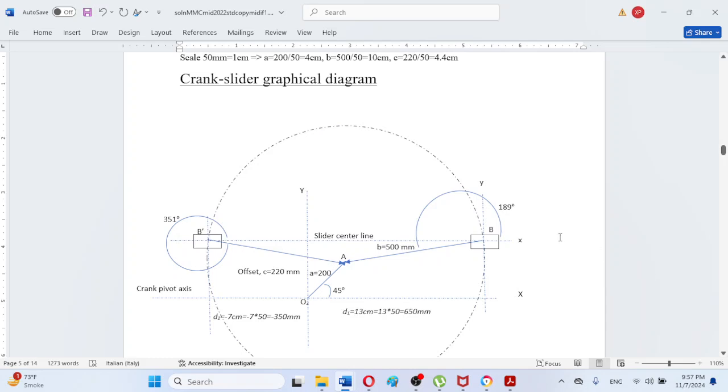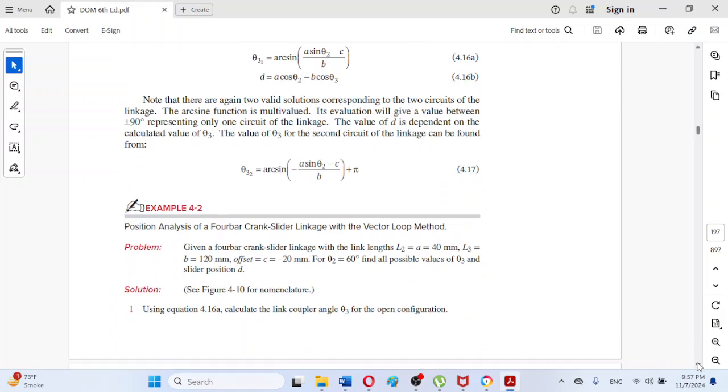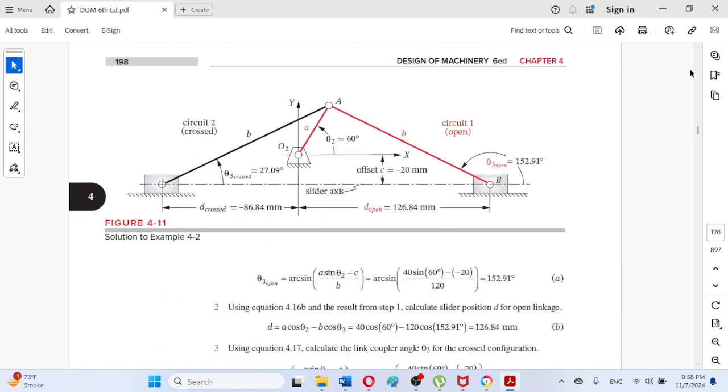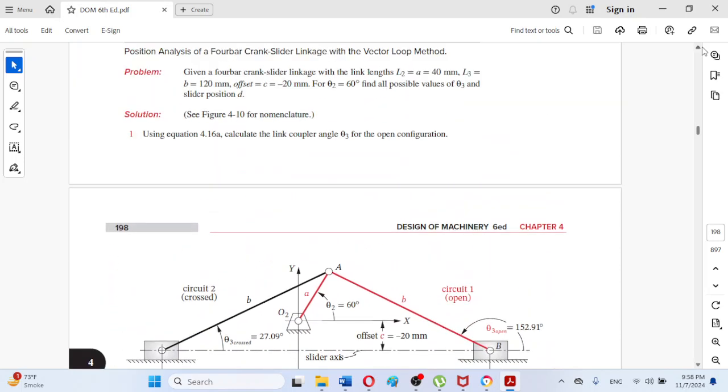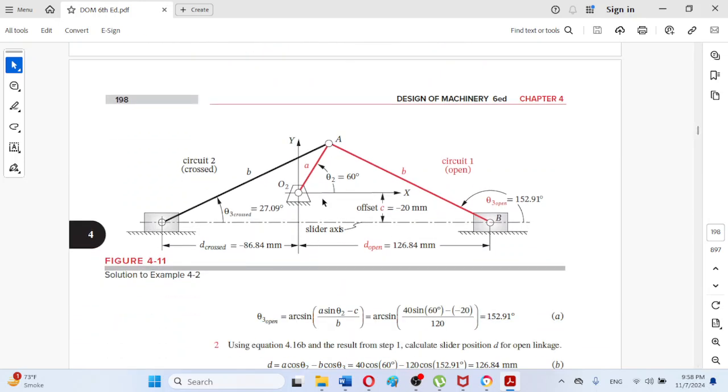But in the book, in example 4-2, the offset was negative, and due to that reason that was below O2.